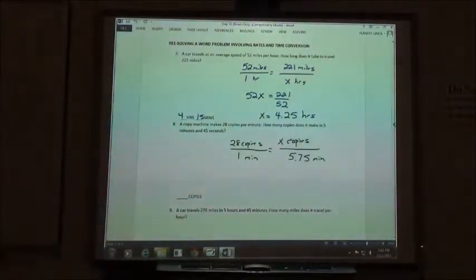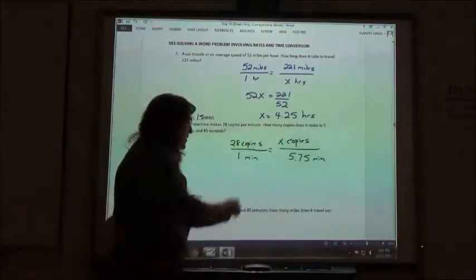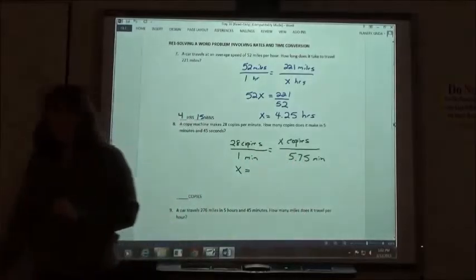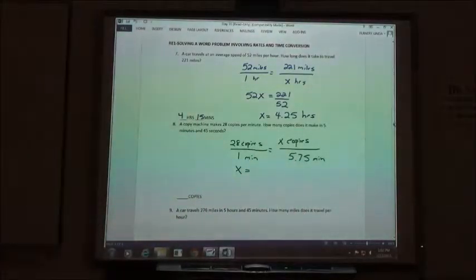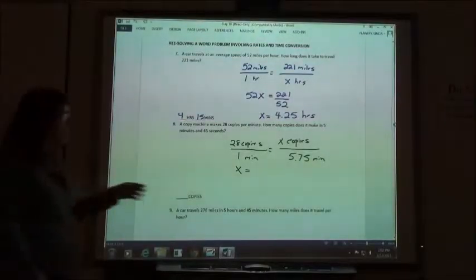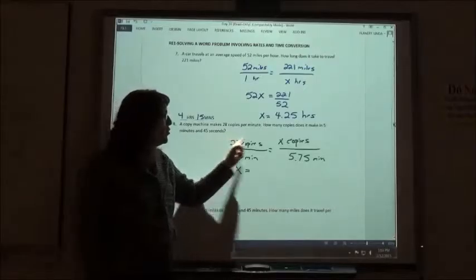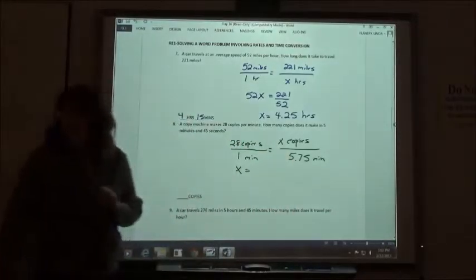And now in order to solve that, I'm just going to multiply, right? 1 times x is x, so all I have to do is take 28 times 5.75. When I cross multiply, 1 times x is x, and then I do the 28 times the 5.75.